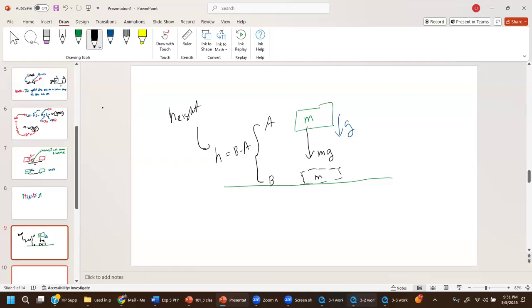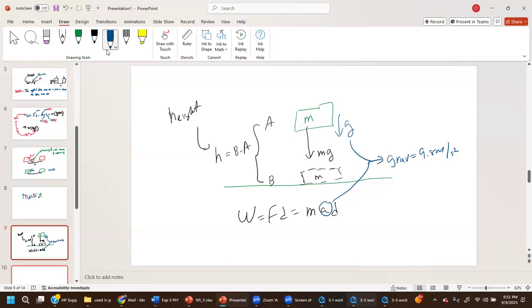And that's where we introduce the work against gravity. So in this case, your work is going to be your force times your distance, and in this case it'll be your mass times your acceleration times the distance. Now, what type of acceleration do we have? It's your gravitational acceleration, which is going to be 9.8 meters per second squared.